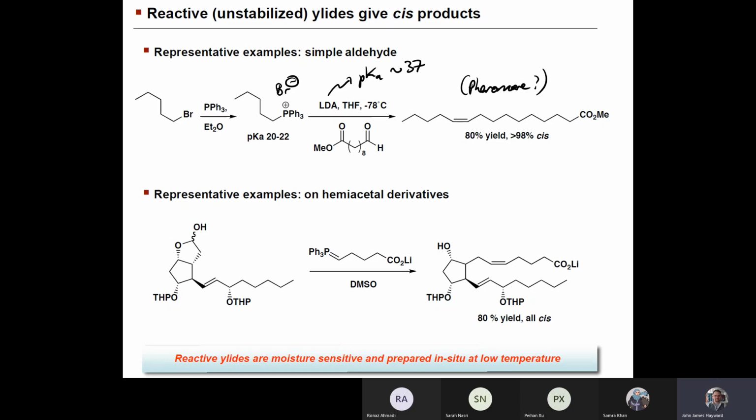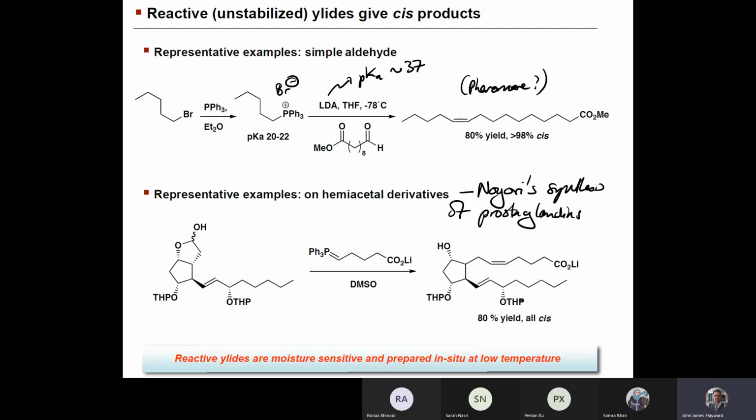Here is a more complex example, and we kind of teased this slightly before, and this is from Noyori's synthesis of the prostaglandins. And we'll talk more about this during the stereochemistry part of this course, I think. I think this is Noyori.